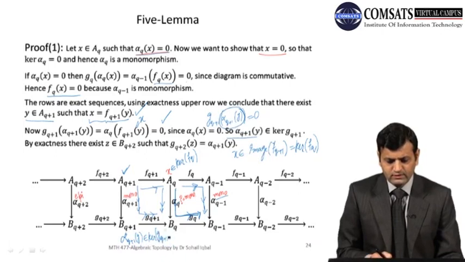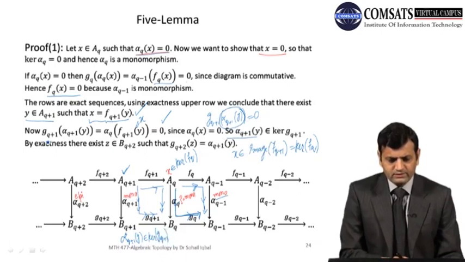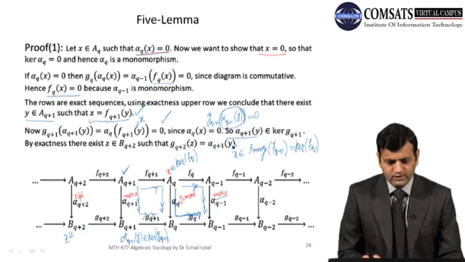Okay, so once again, the image of g_{q+1} must be equal to the kernel of g_{q+1}. So in other words, there exists an element z belonging to B_{q+2} such that the image under g_{q+2} of z is equal to alpha_{q+1} of y.